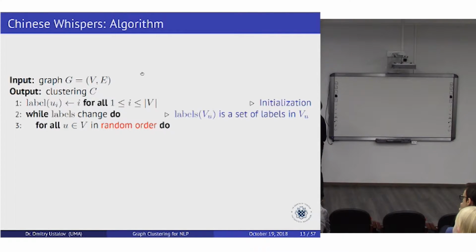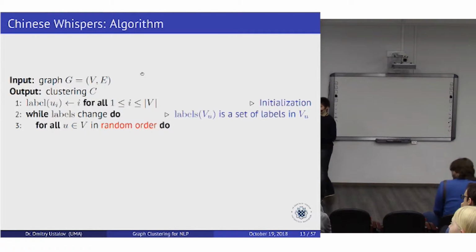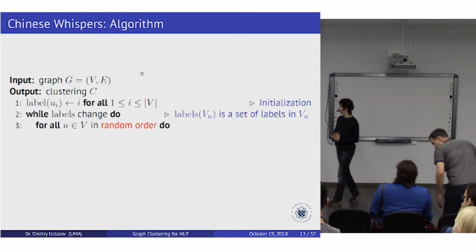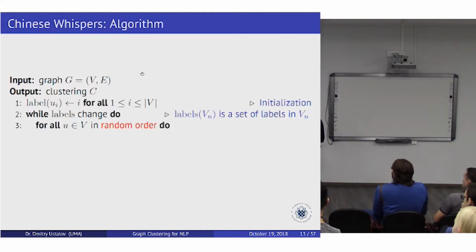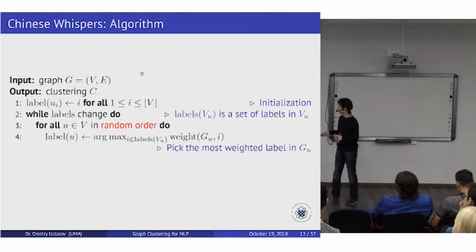So now we do the following. While labels change, so while we don't find that labels stop changing, we do the following. On each iteration in this while loop, we pass through the set of nodes in random order. So every iteration is actually a different shuffle of your set of nodes.